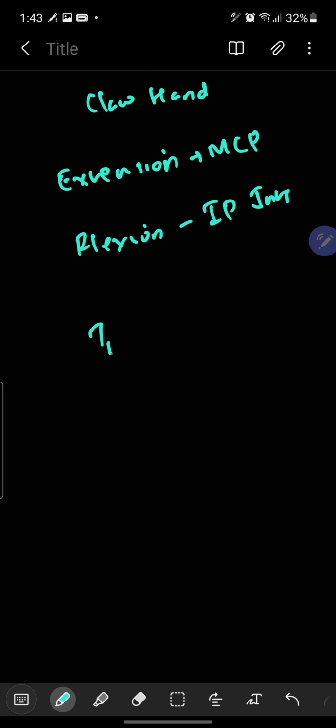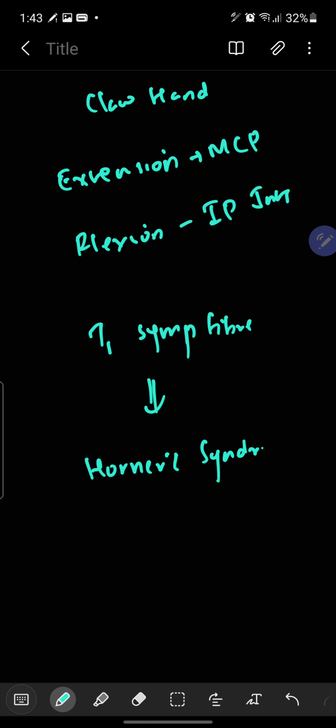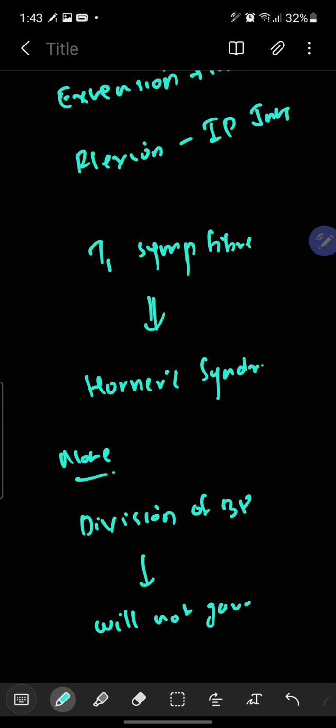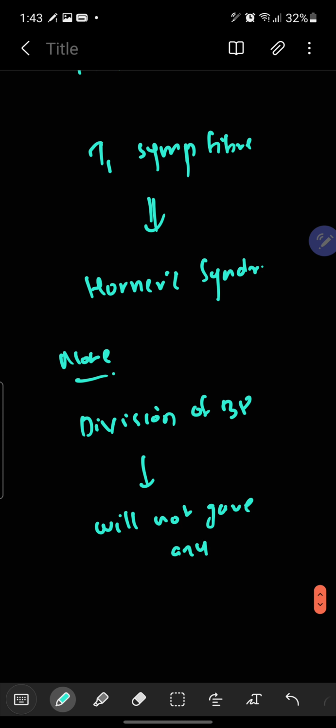If T1 sympathetic fiber is affected, it is called Horner's syndrome. Now there is a note. The division of brachial plexus will not give any branch. It was asked in the 2019 AIIMS exam.